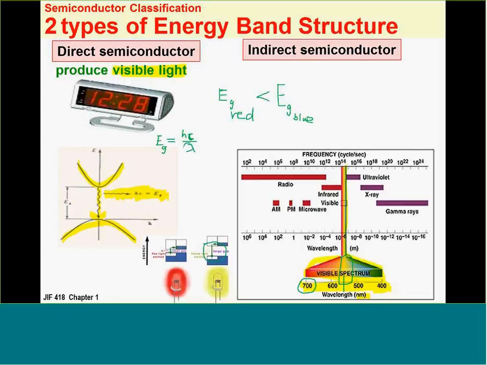Jadi dia kena kecil daripada red lah because dia nak nilai E gap dia besar because it's inversely proportional. So that's why kalau nak merah, red, the E gap must be small. Kalau nak kuning kah, nak biru kah, the E gap must be large lah.